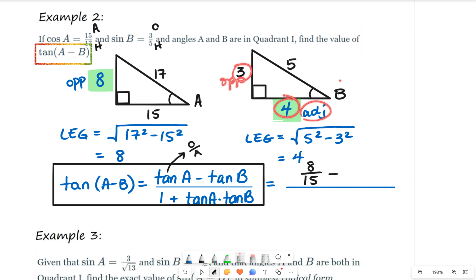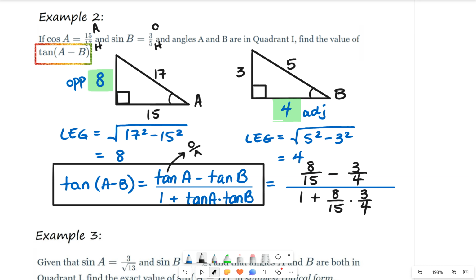So 3 over 4. In the denominator, we put a 1 plus the product of tan A and tan B, which we already wrote upstairs, so we just rewrite them. Tangent of A times the product of tangent B.